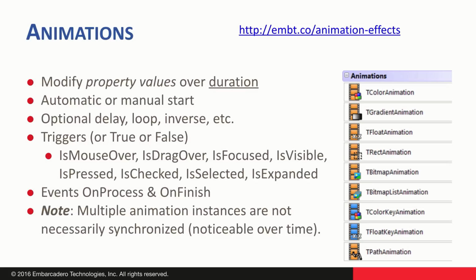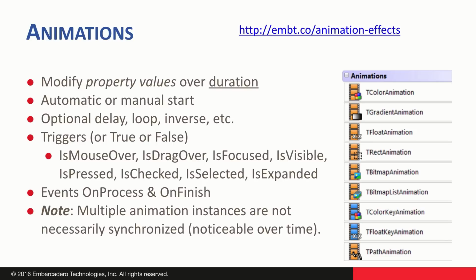If you have 2 different ones and set the duration and the minimum and max the same, because of the way they work, they're not aware of each other, and so they're both running in their own thread and doing the animation, and they'll ever so slightly get out of sync. They don't know they need to be synchronized, and so they'll just be doing their animation. And eventually you'll notice these are not synced up.